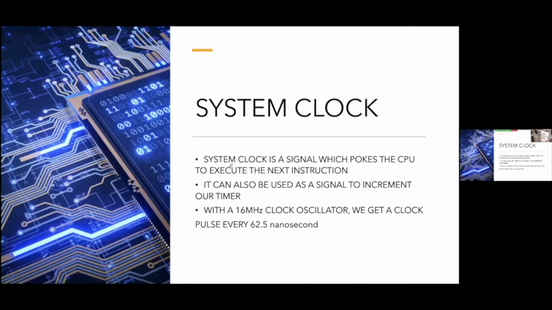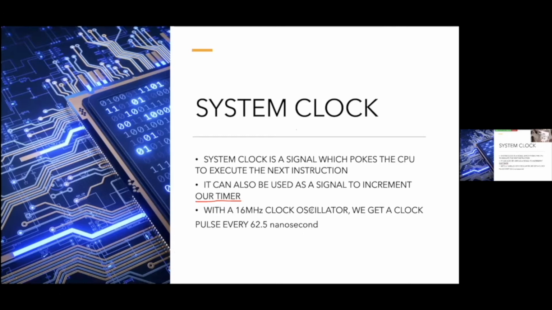So next, let's talk about the system clock. The system clock is a signal which pokes the CPU to execute the next instruction. It keeps poking the CPU to move on, right? It can also be used as a signal to increment our timer. We'll talk about timers in a further slide.